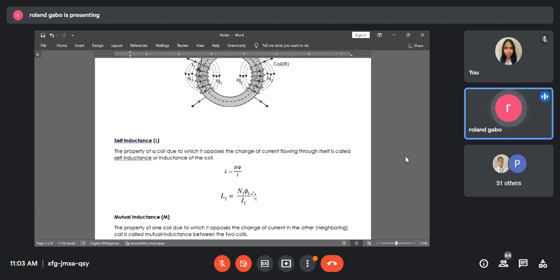So that is the general formula for inductance, self-inductance.